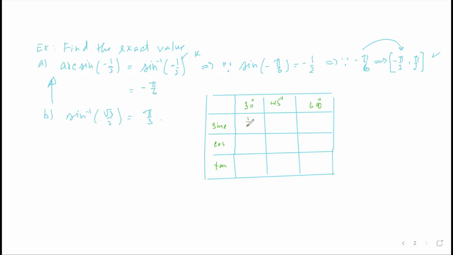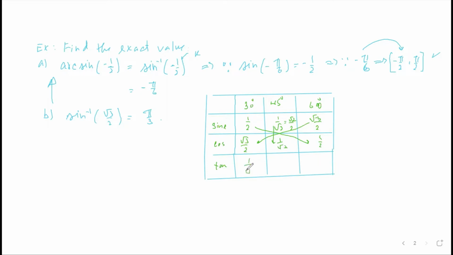So this one is 1 over 2. This one is 1 over square root 2, or root 2 over 2, correct? And this one is root 3 over 2. For the next row, you do cross multiplication here. So it becomes root 3 over 2 on this side and 1 over 2 on the other. The middle one you just bring down, 1 over square root 2, either one, okay?